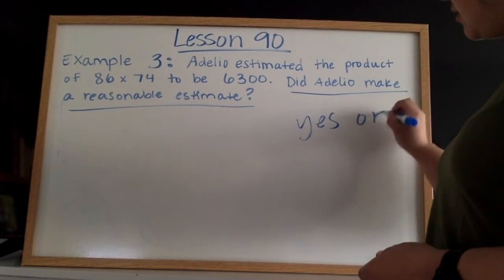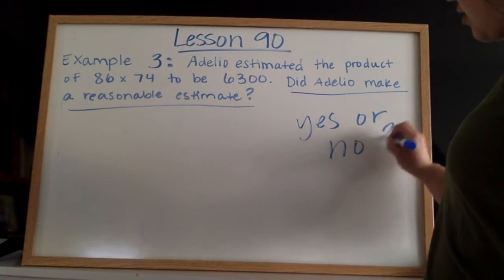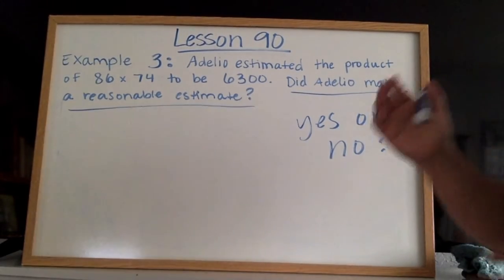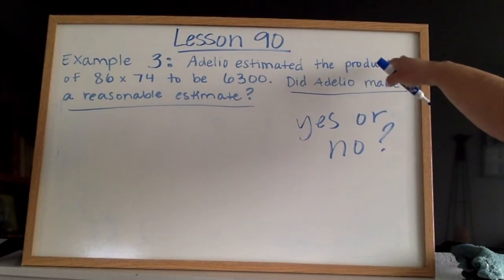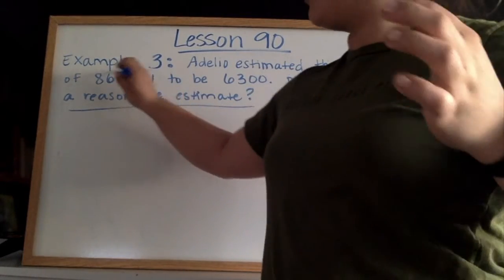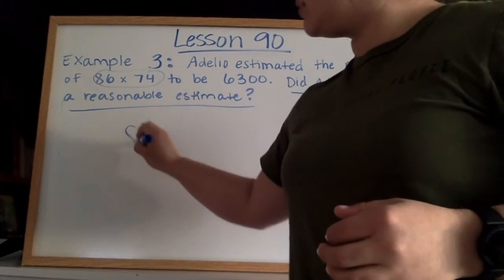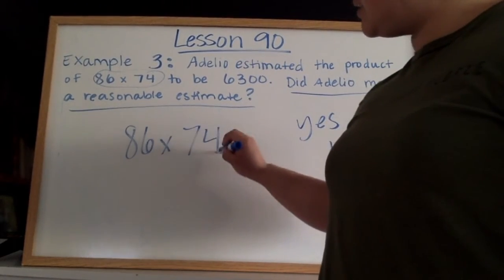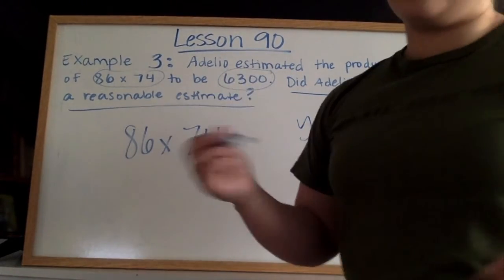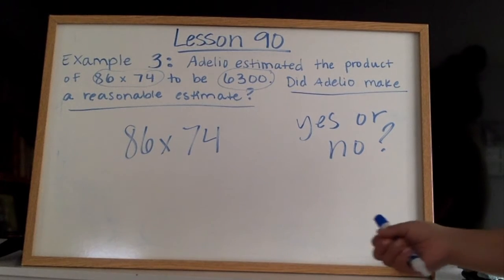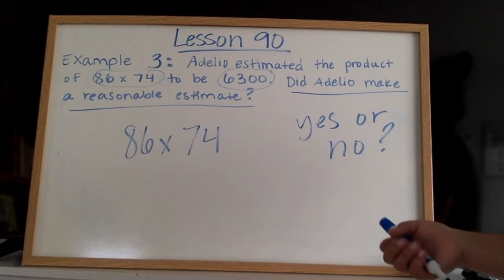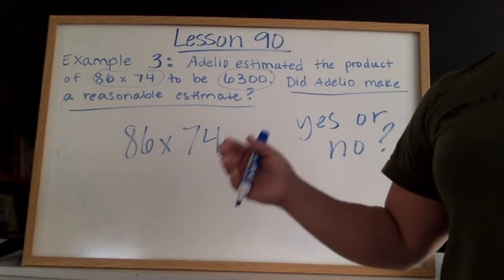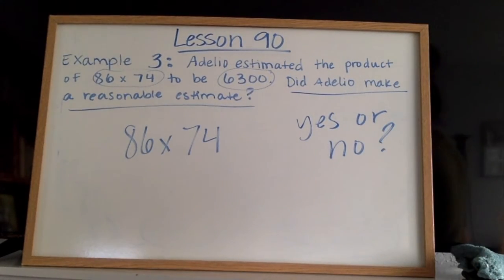So if we back up, he takes 86 times 74 here. This is what we need to figure out. Is that equal to 6,300 if you estimate it? Well, let's figure out how to round 86 first, and then we'll round 74, and then we can multiply them together to see what we get.